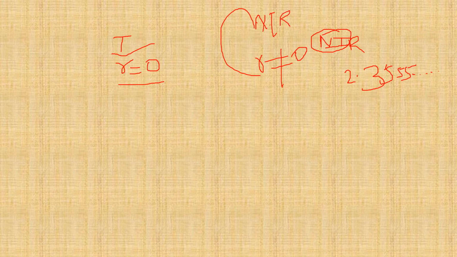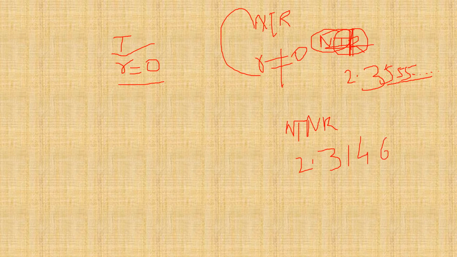Here we have non-terminating repeating as well as non-terminating non-repeating. The name itself is telling: repeating means the same digit repeats. When the same digits repeat, they are called non-terminating repeating. And suppose I gave 2.314658 like this.